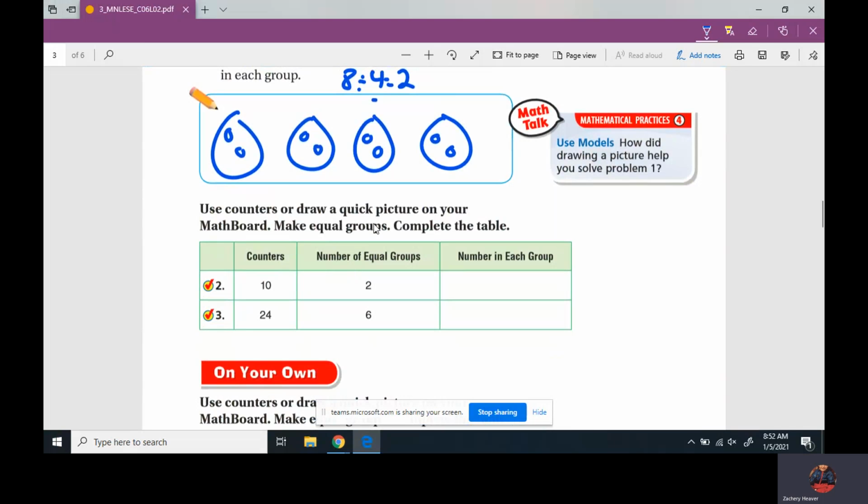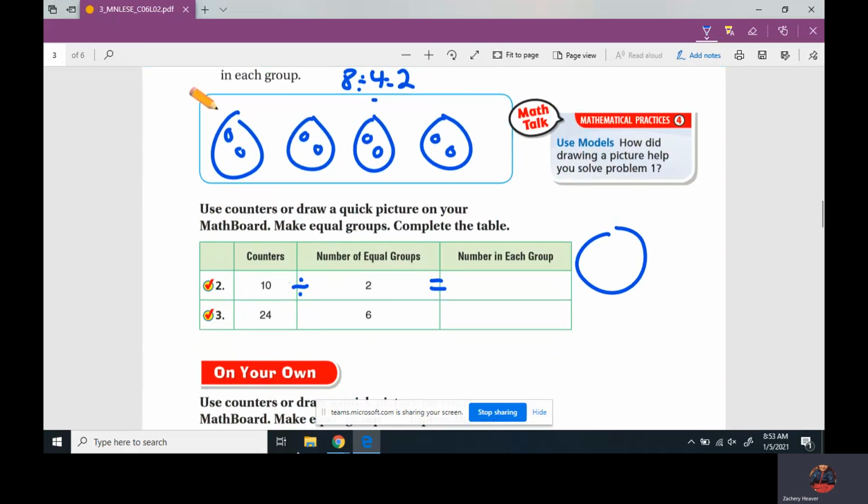Use counters to draw a math board. We can look at it like this. 10 divided by 2 equals what, or what times 6 equals 24? There are 2 ways to look at it. So this one, the top one's kind of easy. I'm going to do my equal groups on the side and then we'll talk about it.